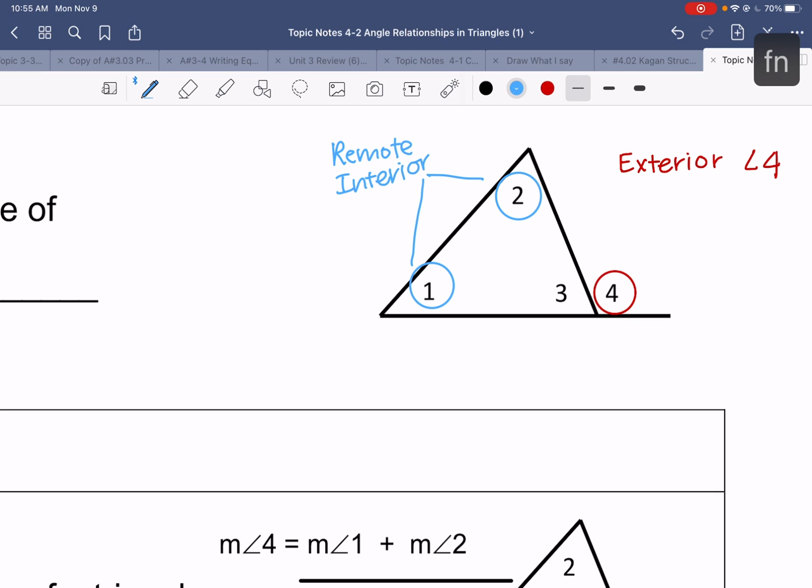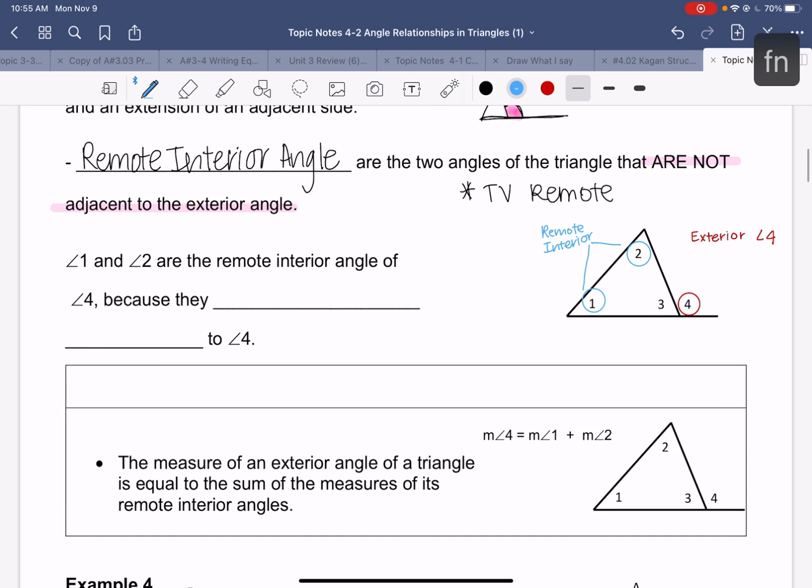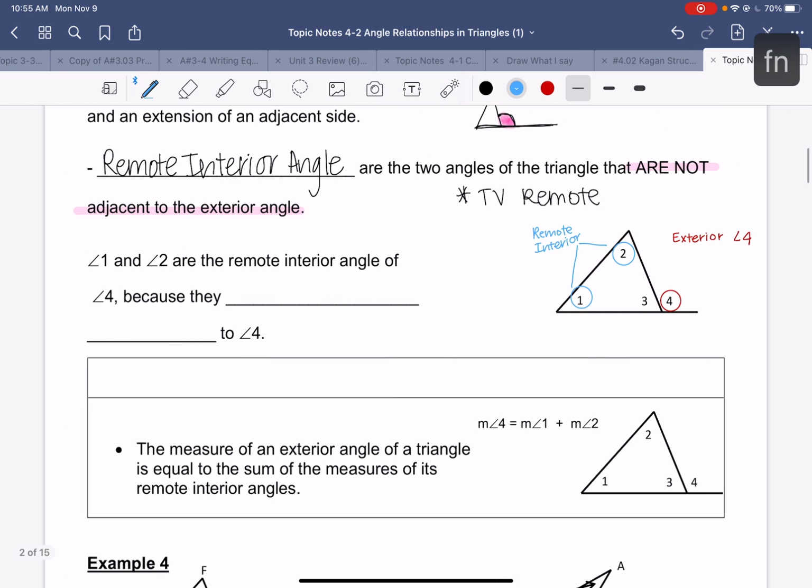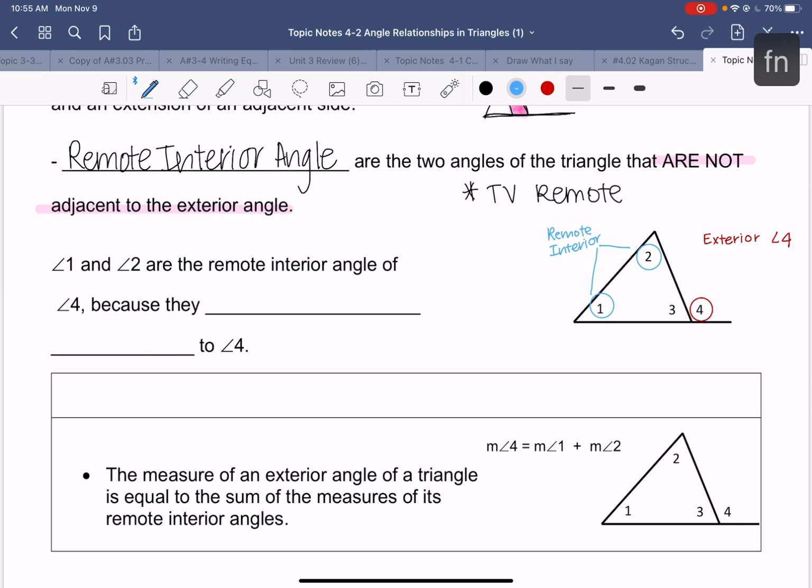Okay. So that is exactly what we have gone over today in class. So if the exterior angle was over here, this was angle 5, then angle 2 and 3 would be the remote interior angles.